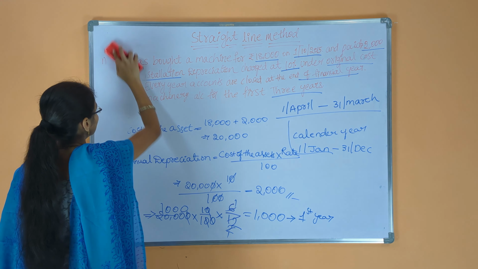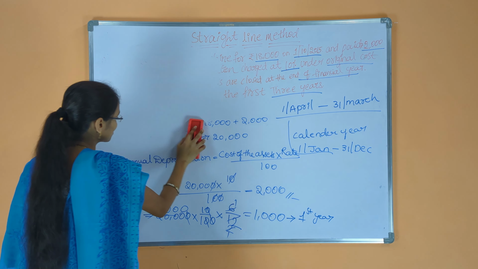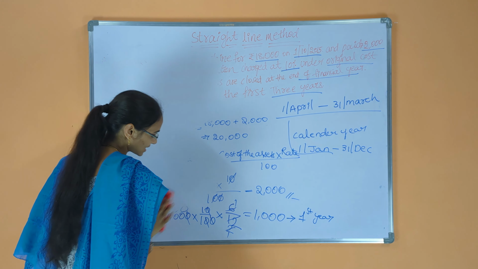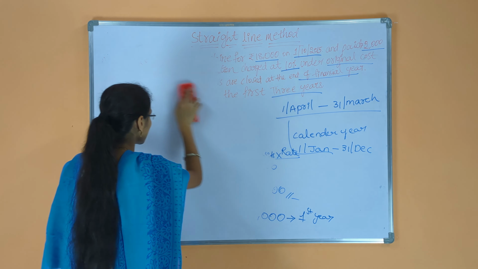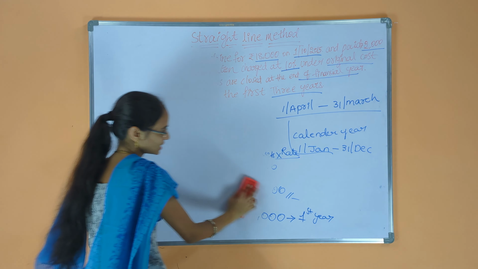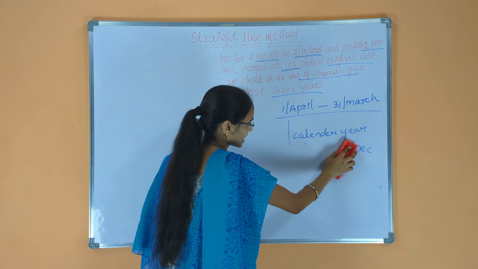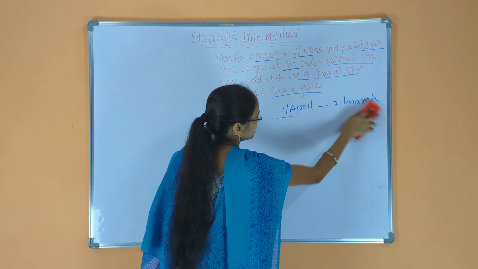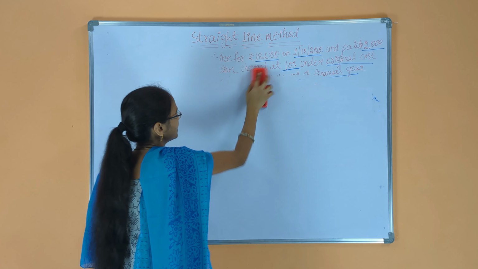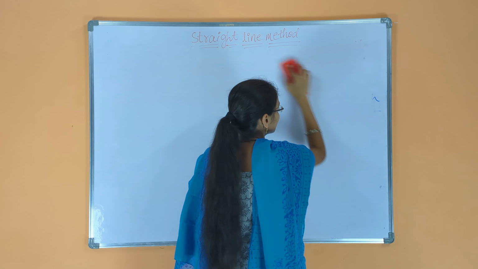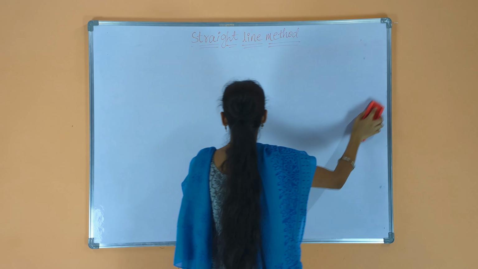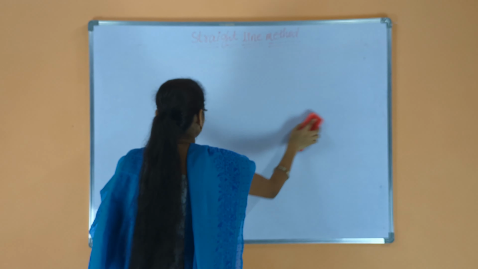Machinery account. Under which method? Original cost method. This original cost method is also known as the straight line method, or fixed installment method, or original cost method. Don't confuse. Okay, so generally an account is in the form of a T shape.